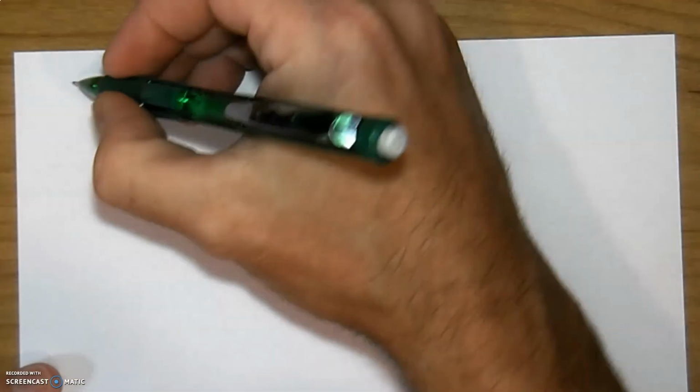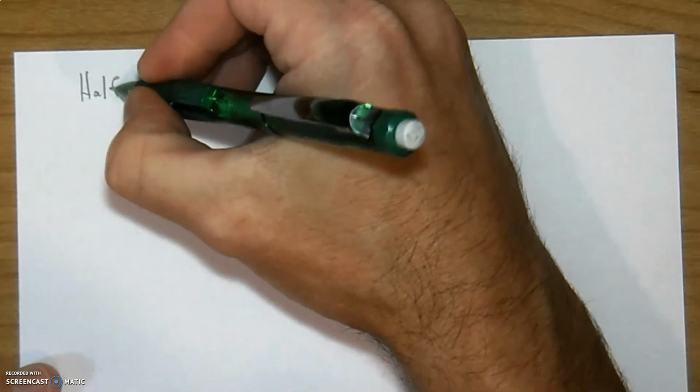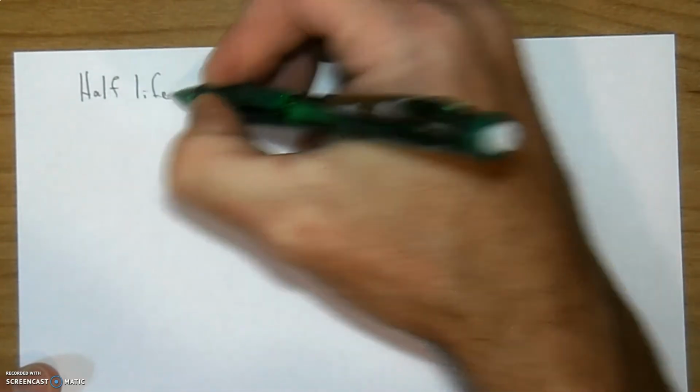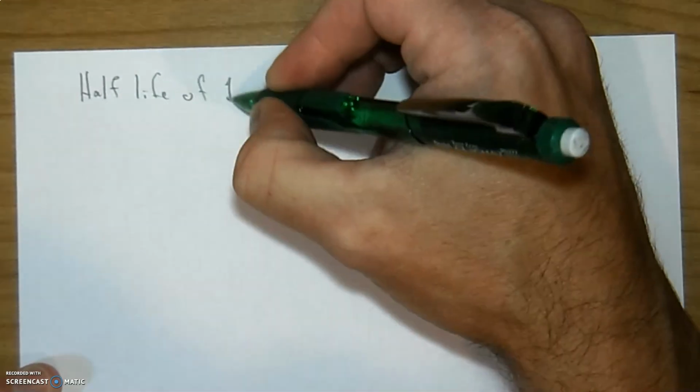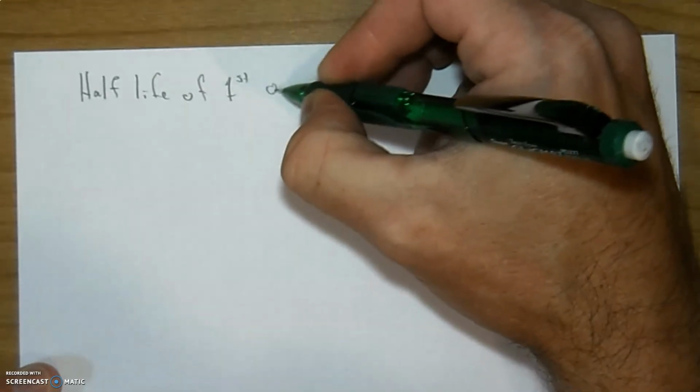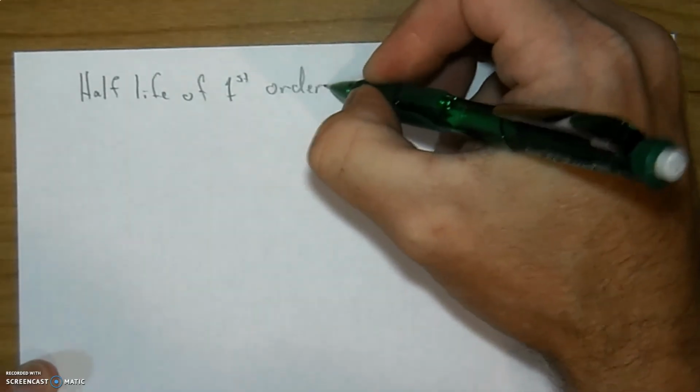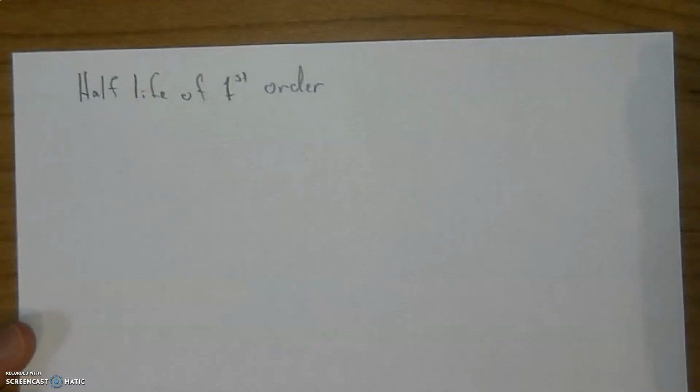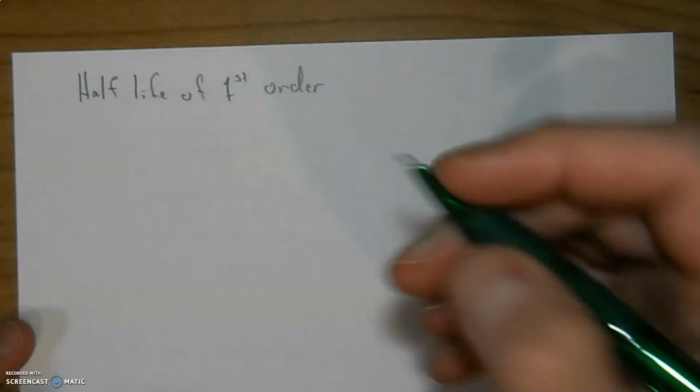This is kind of like some setup work, so we're not going to, well, actually, I'll back up. This one here, we'll just look at some half-lives, and then we'll go from there. So, the half-life of a first-order reaction. You've probably heard of half-lives before, maybe in econ, but this is very, very similar to that.